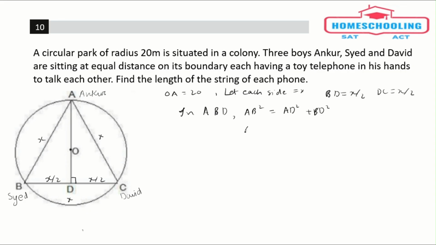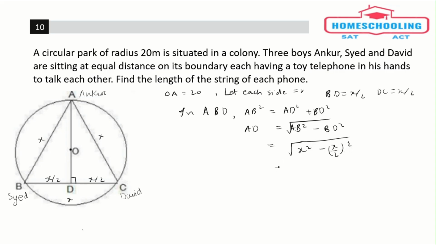It can also be written as AD square is equal to AB square minus BD square. After that, if we solve it, AB is x and BD is x by 2 whole square.